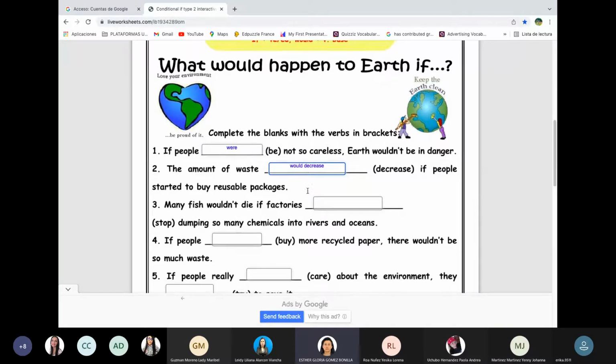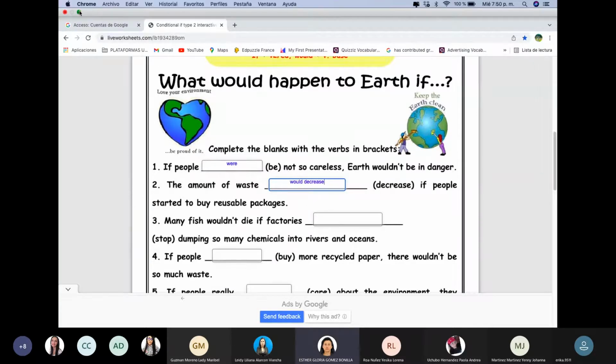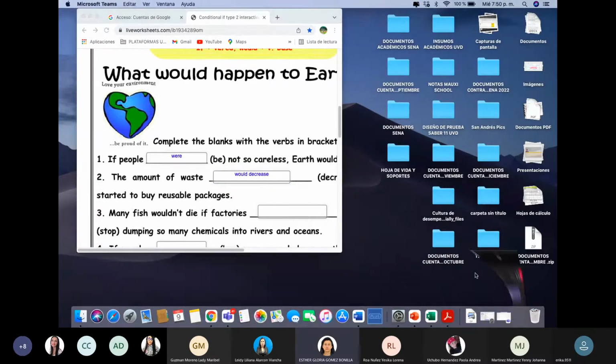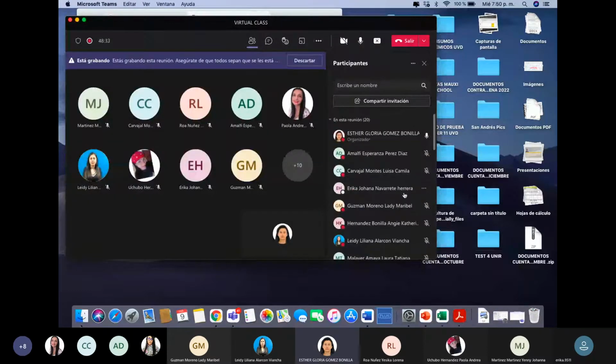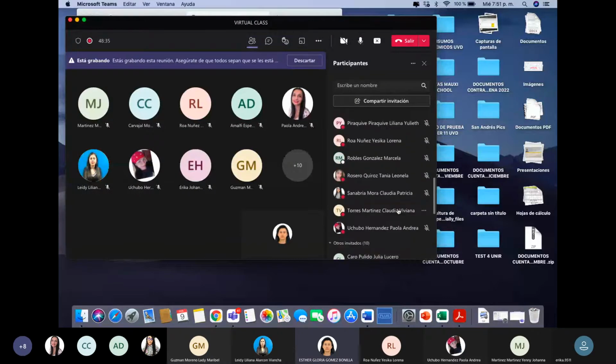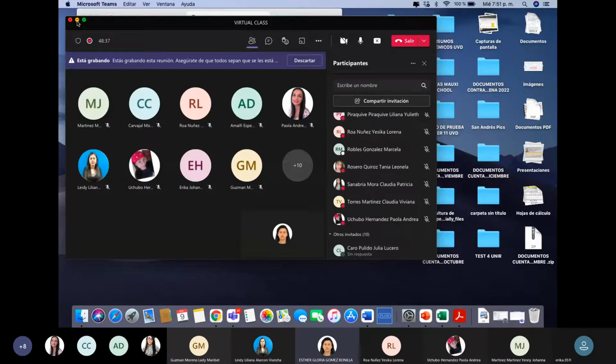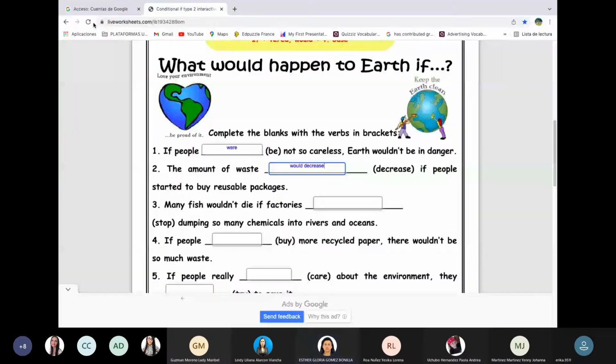Continue reading the sentence. If people started to buy reusable packages. If people started, no? If people started, the pronunciation is started to buy reusable packages.